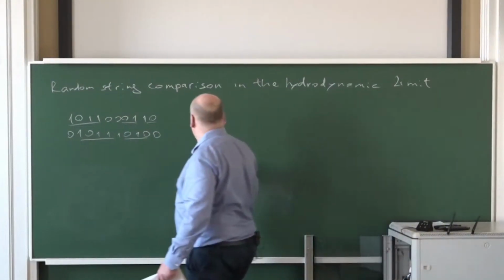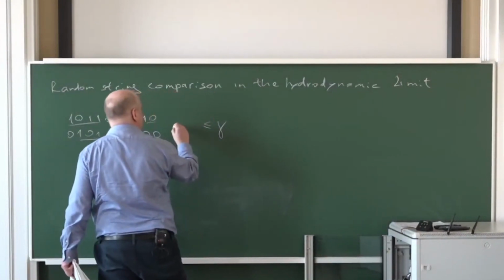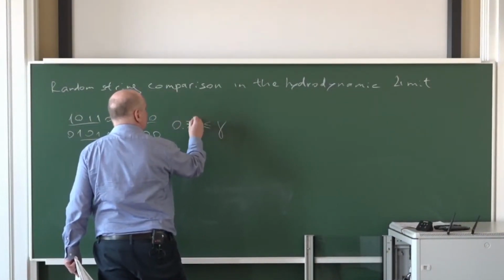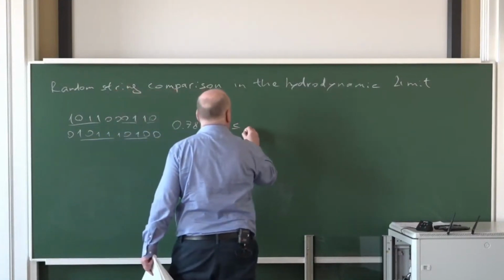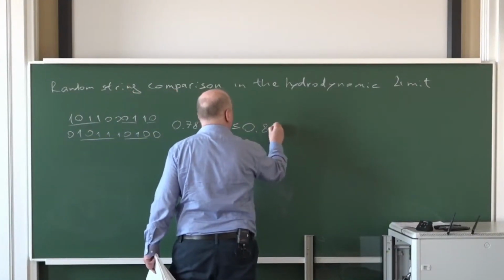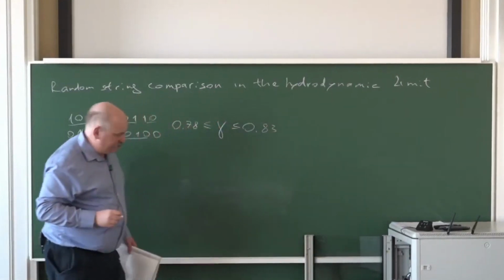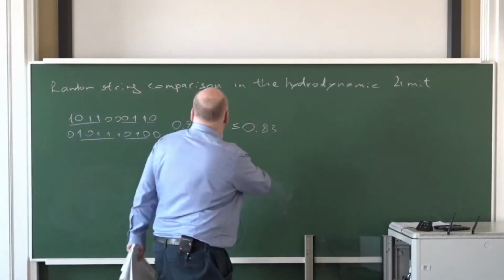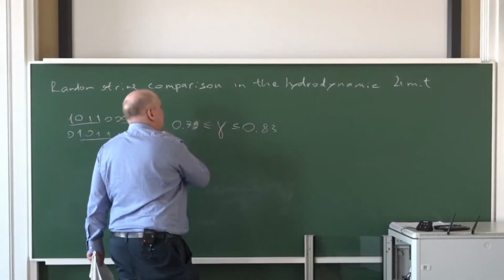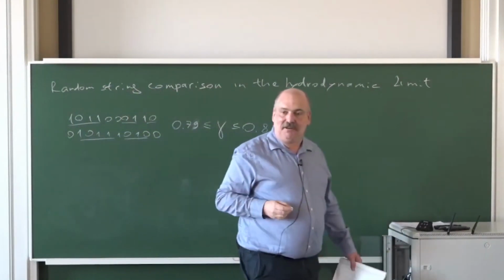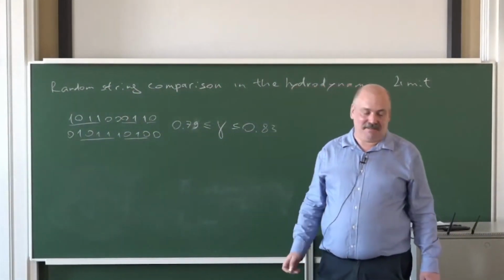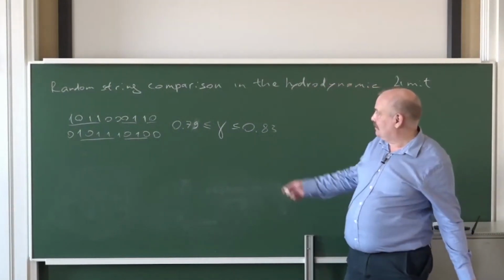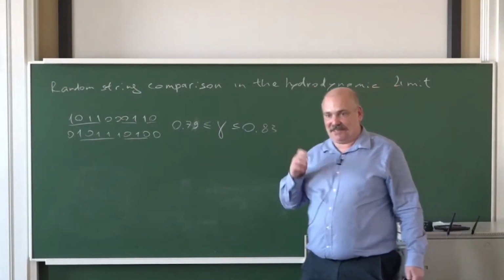Without looking, I wanted more digits, but it's between 0.78 and 0.83. So we don't even know if we will get in expectation 79 or 83 bits out of 100.